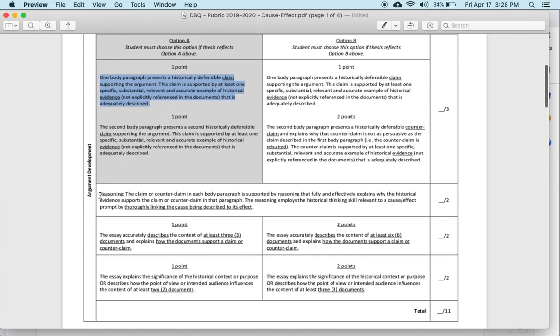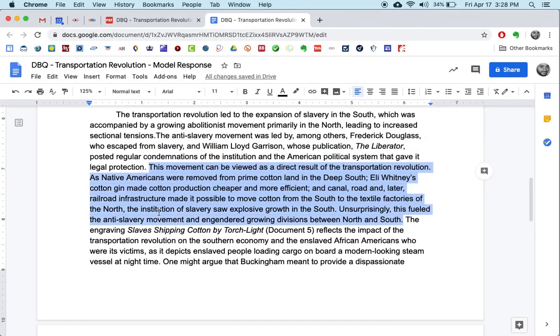And three, for this paragraph, I have supported my claim with reasoning that fully and effectively explains why the historical evidence supports the claim, by employing the historical thinking skill relevant to a cause and effect prompt, by thoroughly linking the cause being described to its effect. I do that one time for one paragraph.